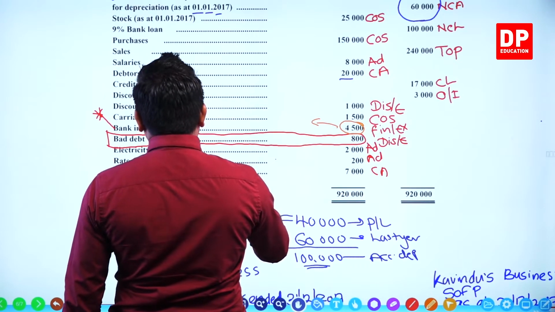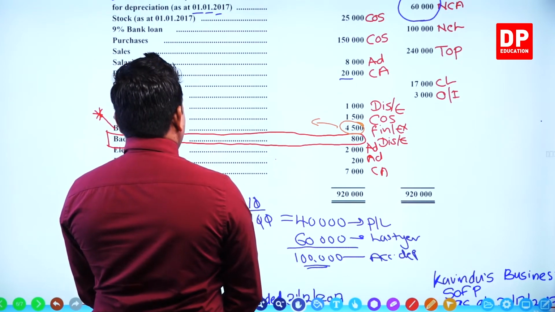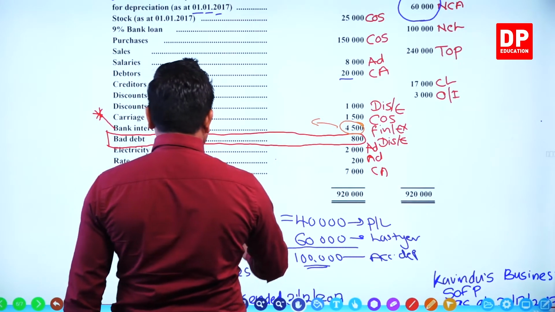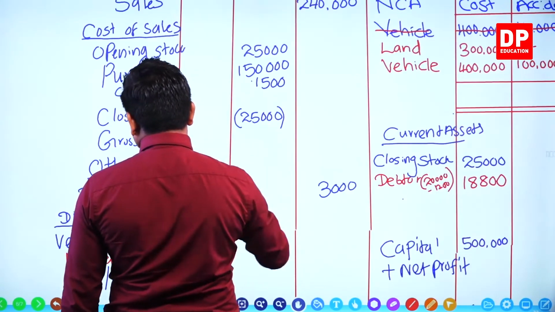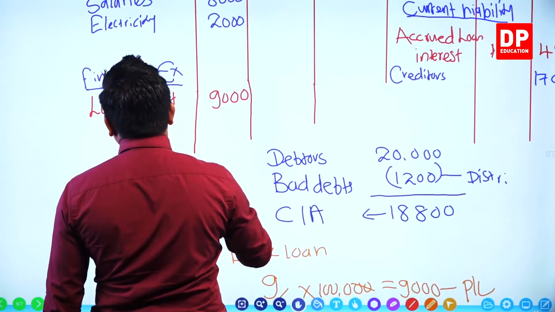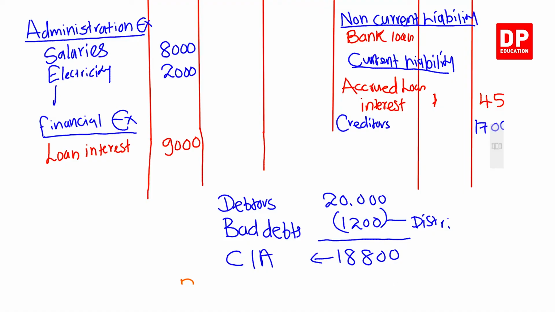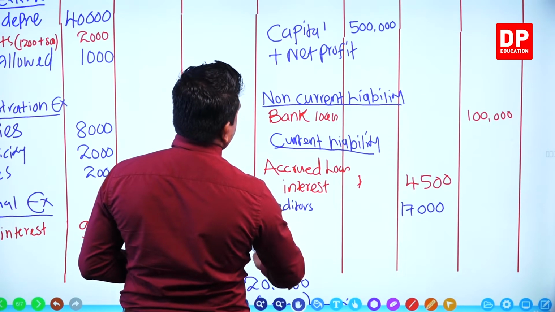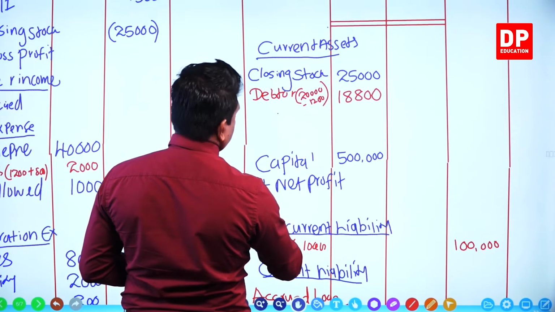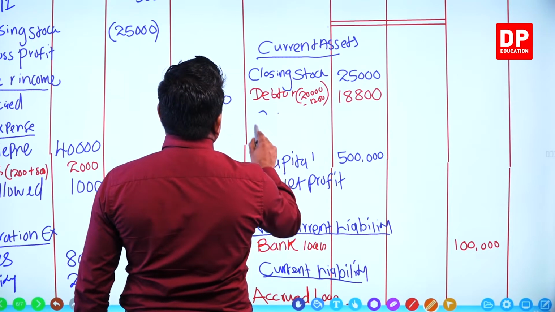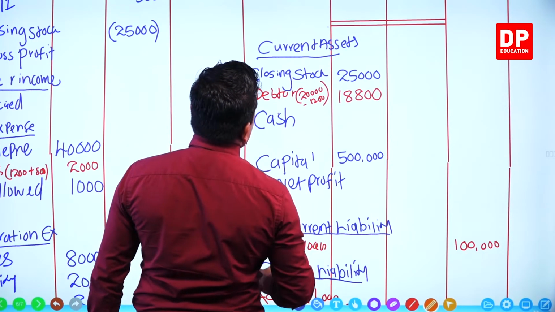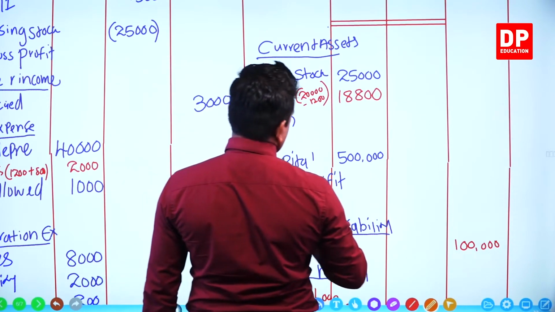Yeah. Rates 200. Cash balance 7,000. Rates 200. Cash balance 7,000. Right? 7,000.